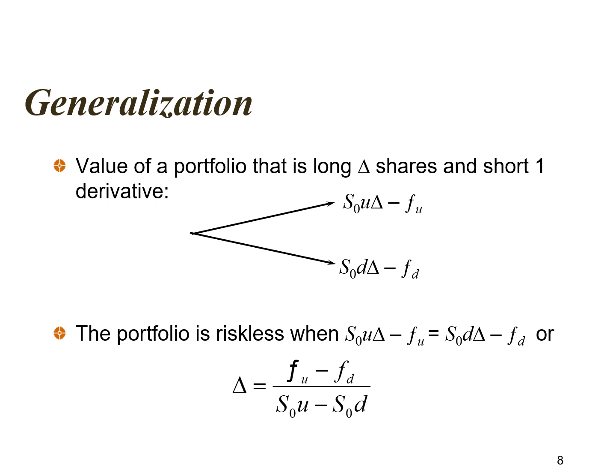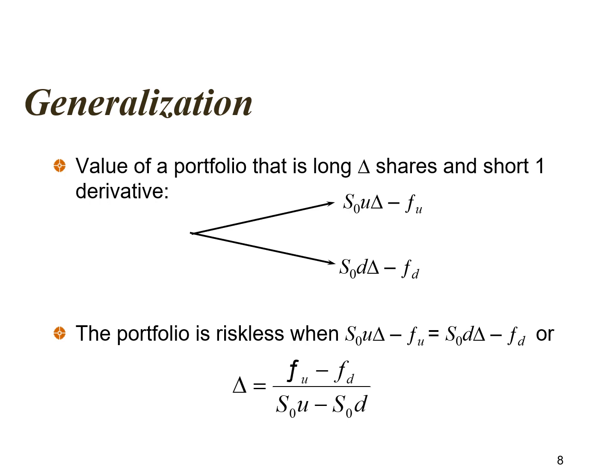And if you are short on the derivative, the value of the derivative, if it moves up, can be fu. Likewise, if the value of the underlying share moves down by a factor of d, the value of your portfolio would be S0 times d times delta minus fd, which is the value of your option at time t if the spot price goes down by a factor of d.